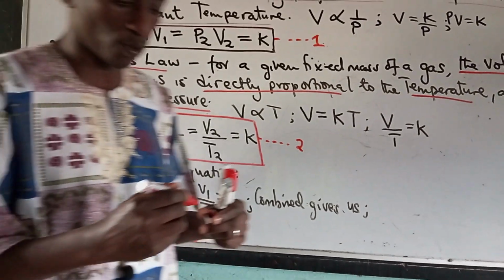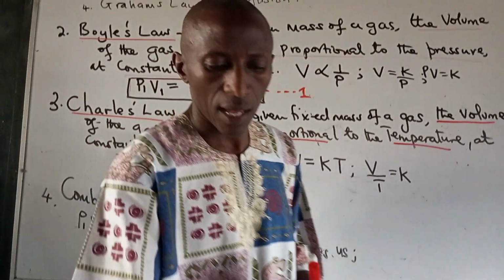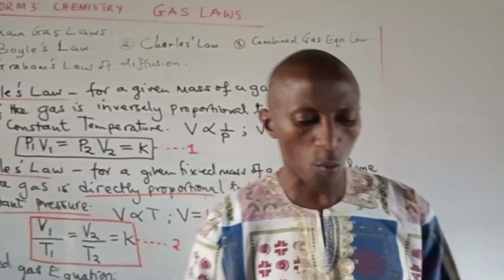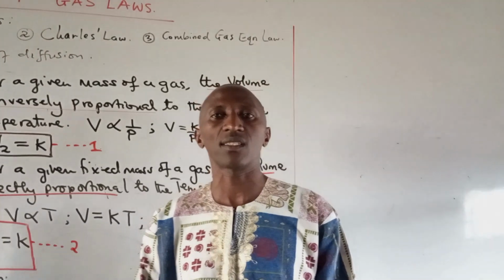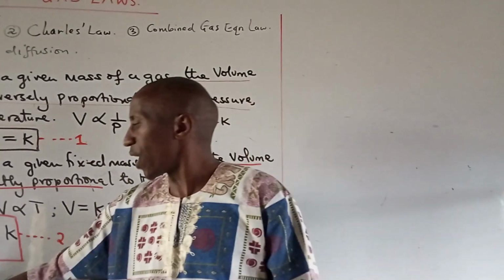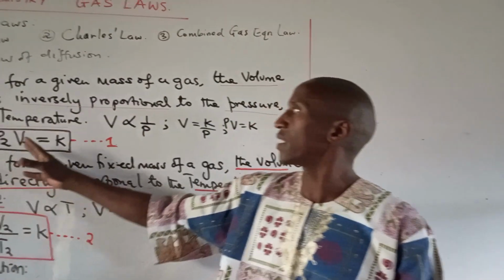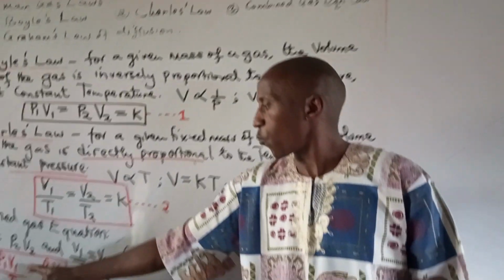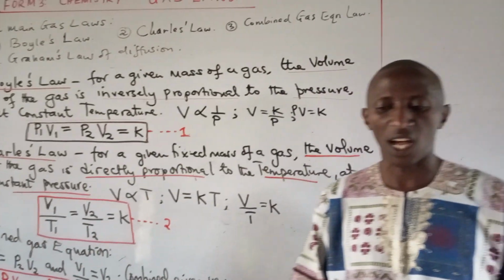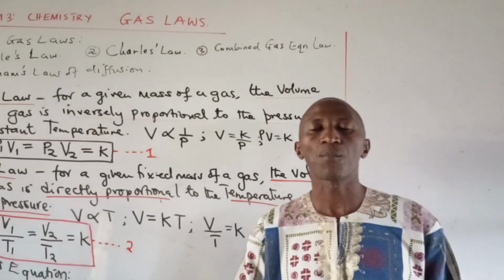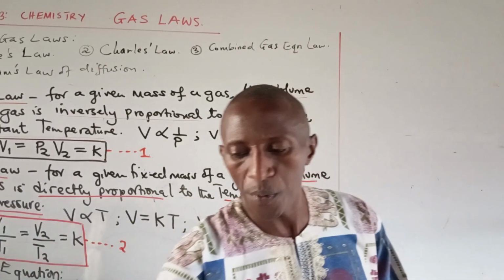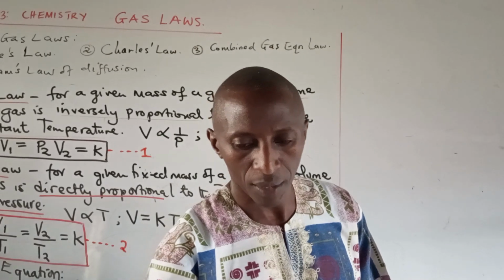You'll find that the combined gas equation is one of the best in terms of illustrating. When we have the upper part, it gives us Boyle's law. When we look at this V1 T1, it gives us Charles' law.